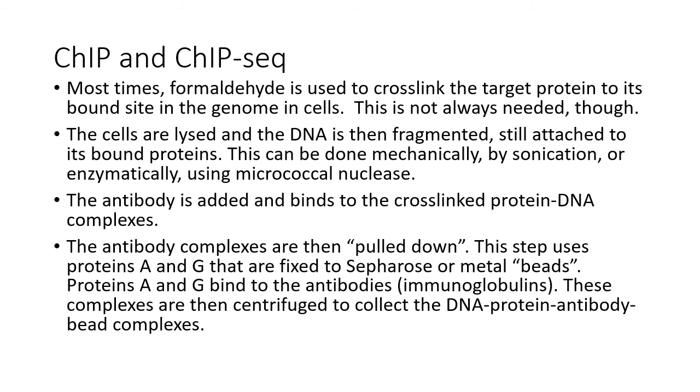So this is pretty much what I already said. The important thing is that you can pull down the antibody complexes because proteins A and G are linked to something physical that you can centrifuge, namely Sepharose beads, so that allows them to be pulled down, collected, washed, and subsequently sequenced.